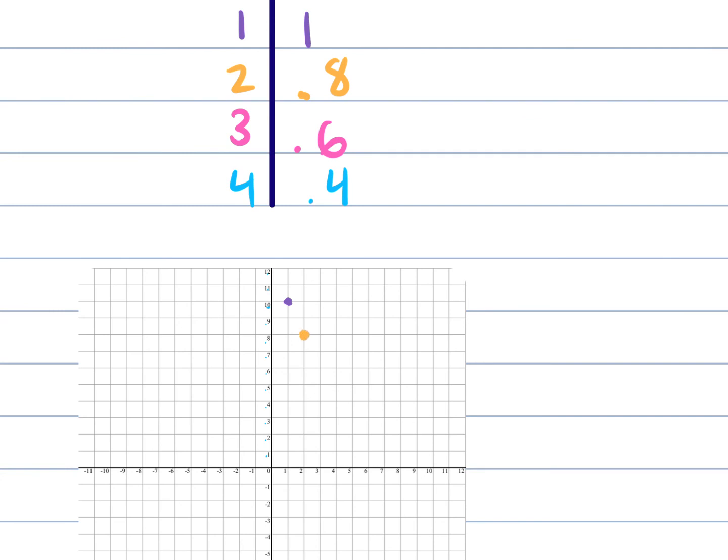Perfect. For the third point, where would I go? To the right 3 and up 0.6. And the fourth point? Awesome. To the right 4 and up 0.4. So that would be our graph.